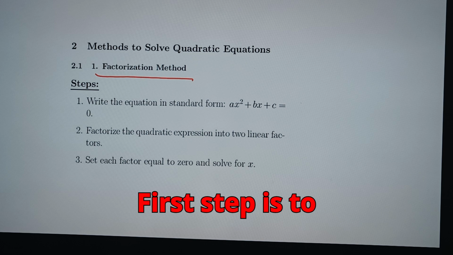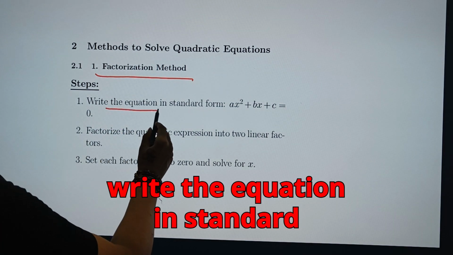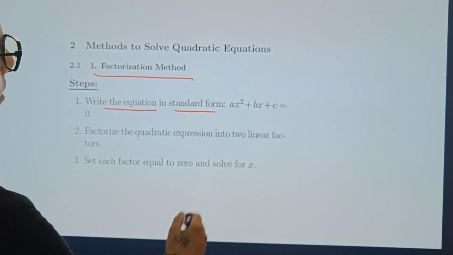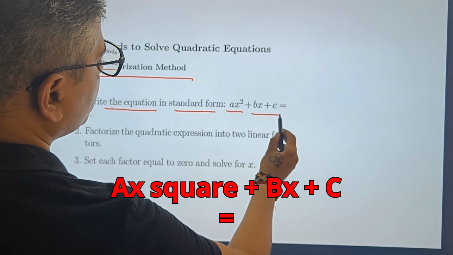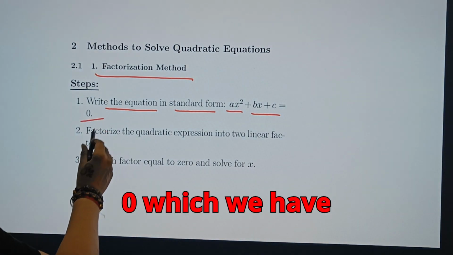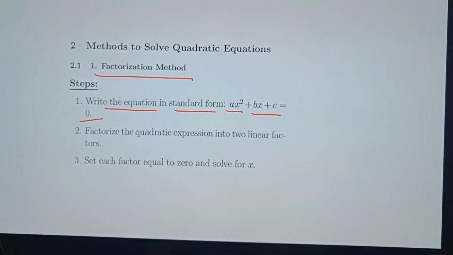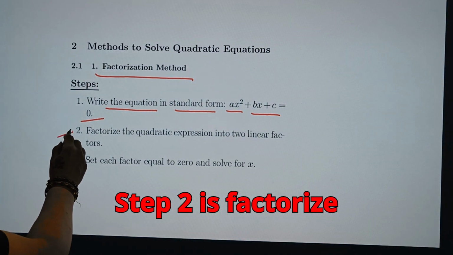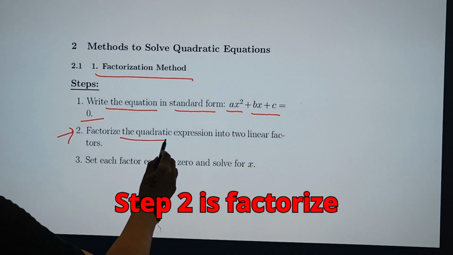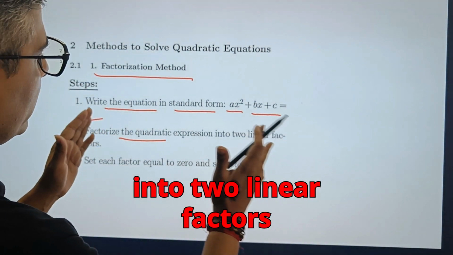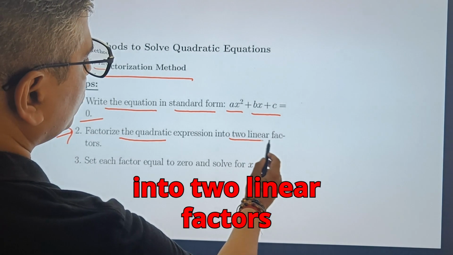The first step is to write the equation in standard form, which is ax² + bx + c = 0, which we have discussed earlier. Step 2 is to factorize the quadratic expression into two linear factors.